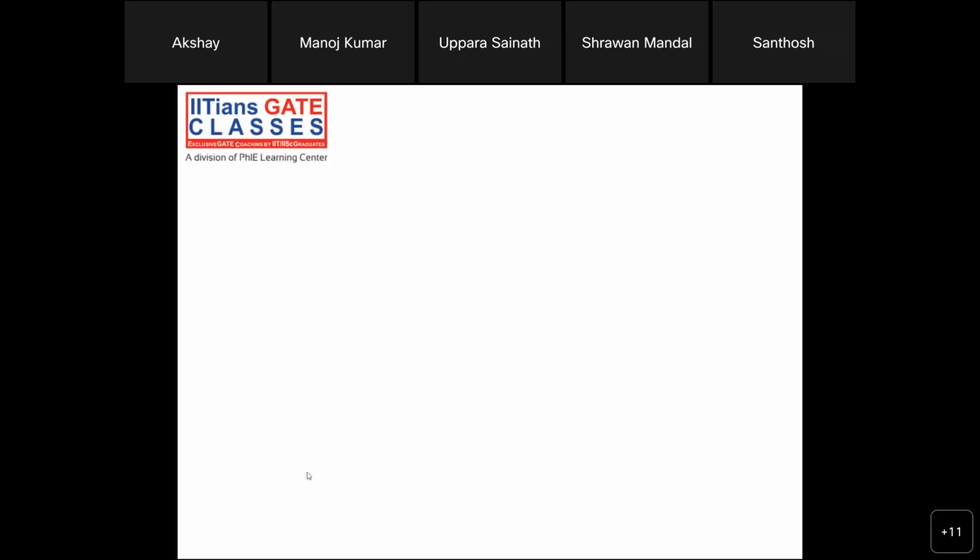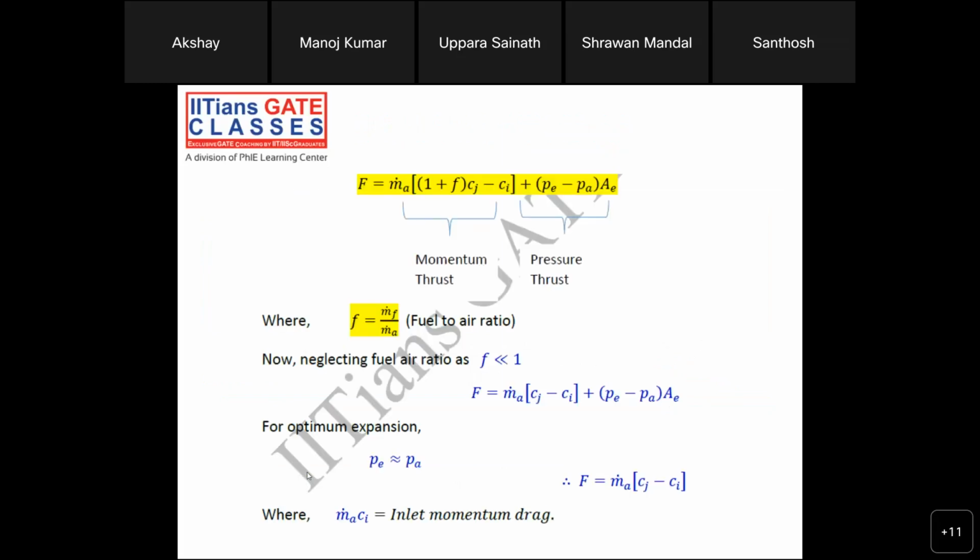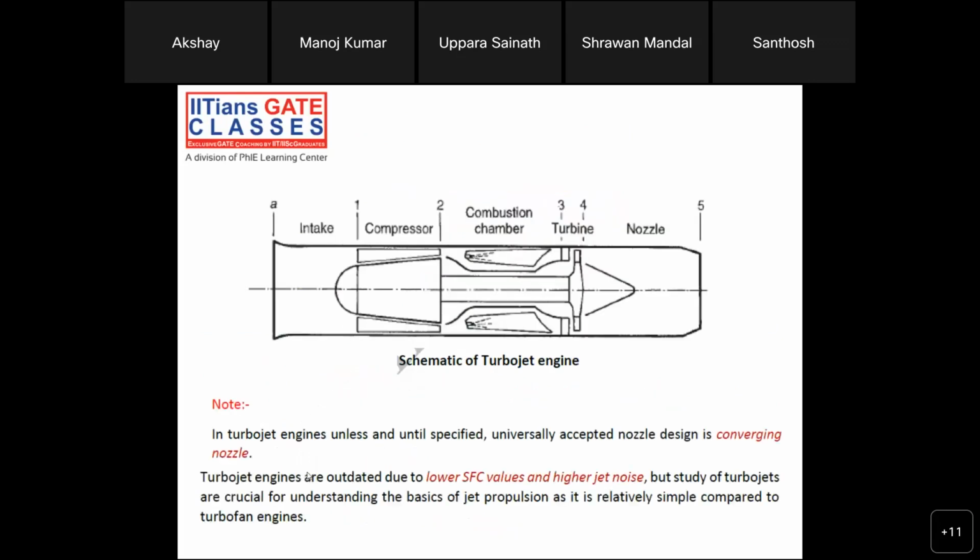This particular equation is derived from that approach, so that we will be dealing with it in our actual classes. Now, the concept and the small derivation we are going to deal with in today's demo class is restricted to this particular element called a combustion chamber.